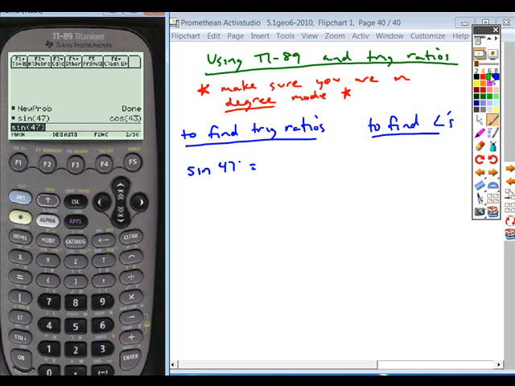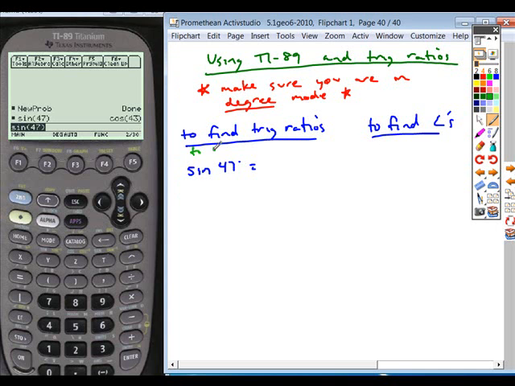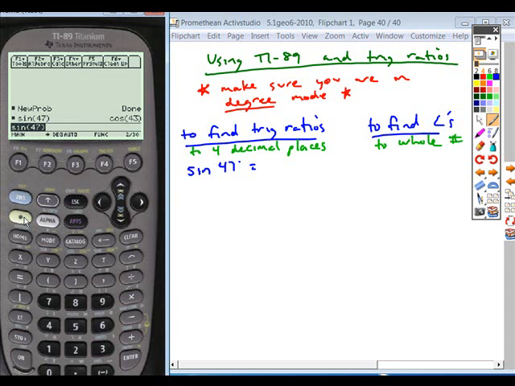You'll usually evaluate trig ratios to 4 decimals. And I'll specifically tell you, usually with angles, you'll evaluate to the nearest whole number. So to evaluate this, we either need to hit the green diamond button. That guarantees that your answer is in decimal form.